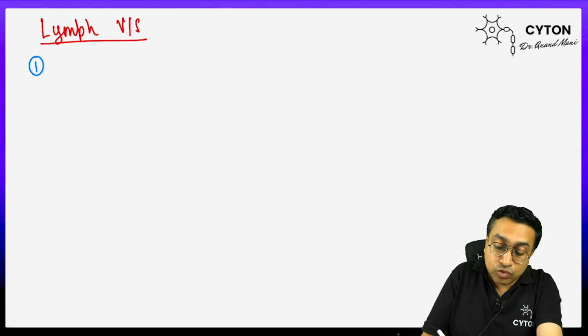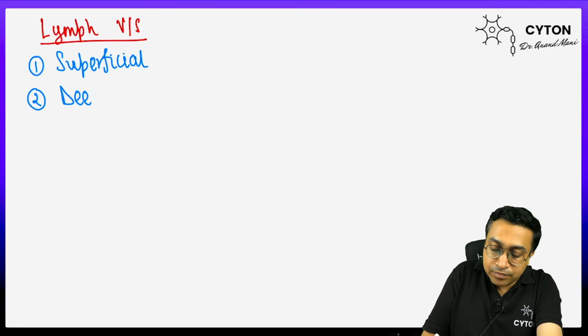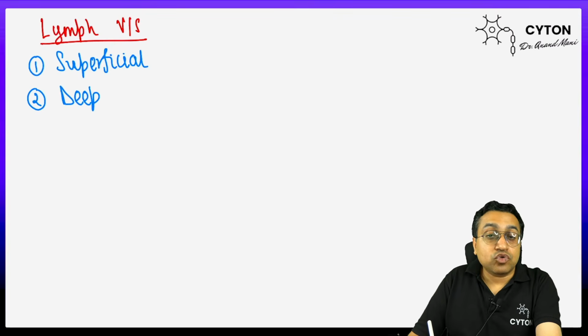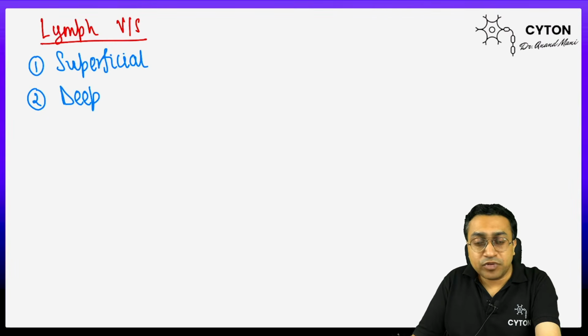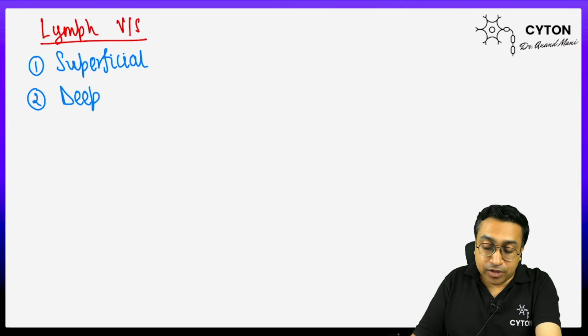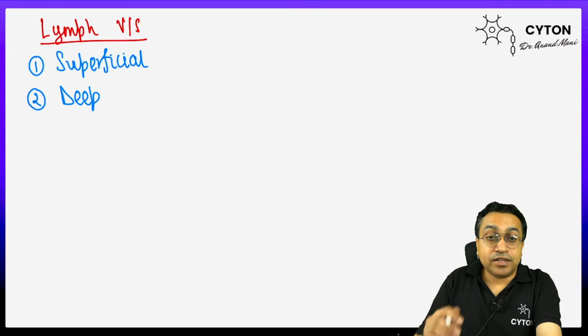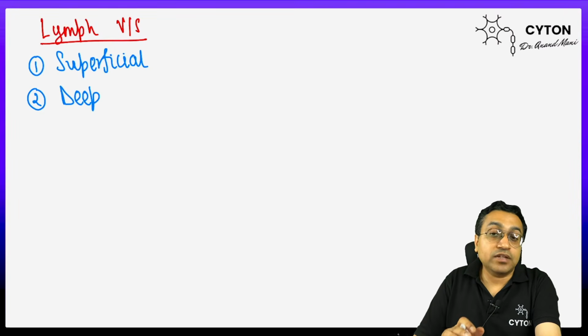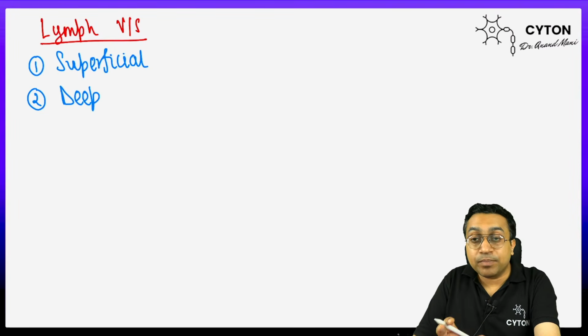That is the superficial lymph vessels and the other one is the deep. Okay, so superficial ones are present in the superficial fascia, and deep lymph vessels are present deep to the deep fascia. And the deep lymph vessels are the ones which mostly accompany the blood vessels.